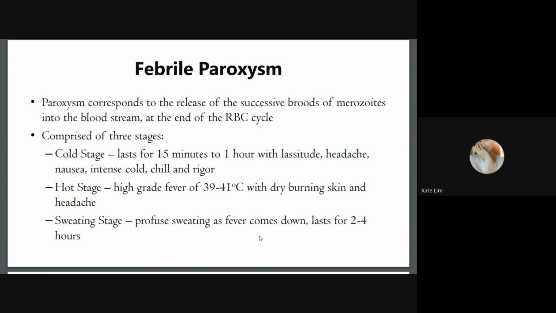But for Plasmodium falciparum infections, especially severe infections, the fever pattern is often more irregular or even continuous.